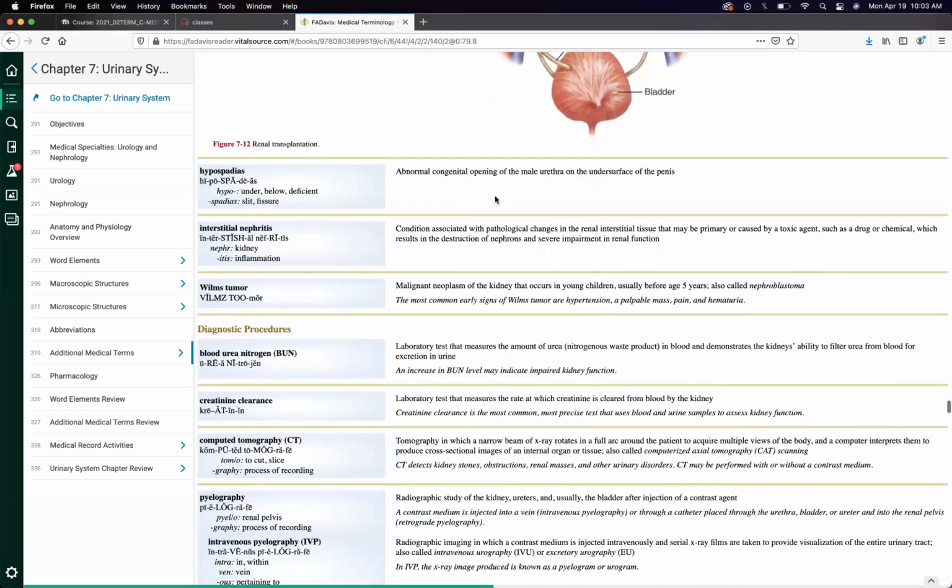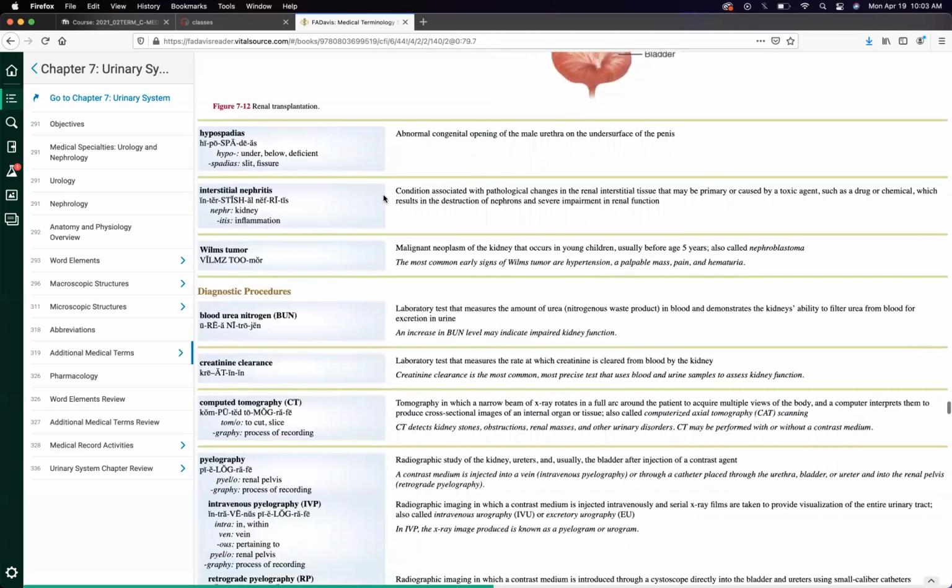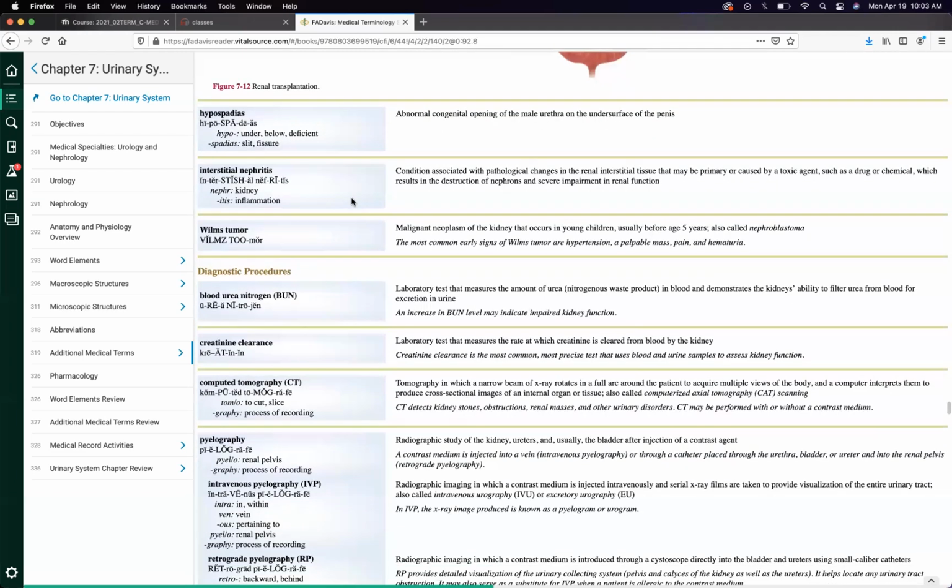Hypospadias. In the male patient, the urethra should be on the top of the glans penis. And when it's in the undersurface, we have to do a little repair there. It's no big deal. It's just that when you notice the baby's peeing sideways, you gotta address that.